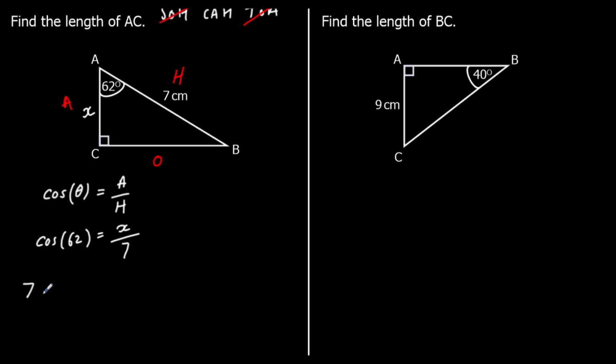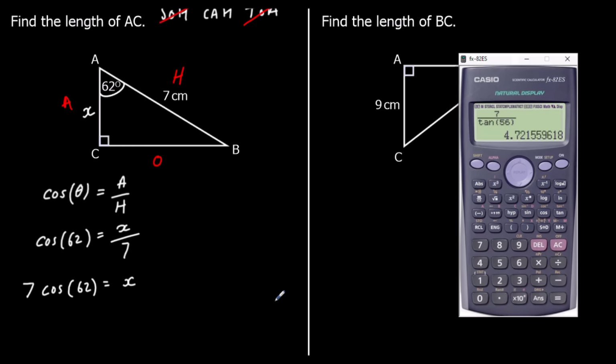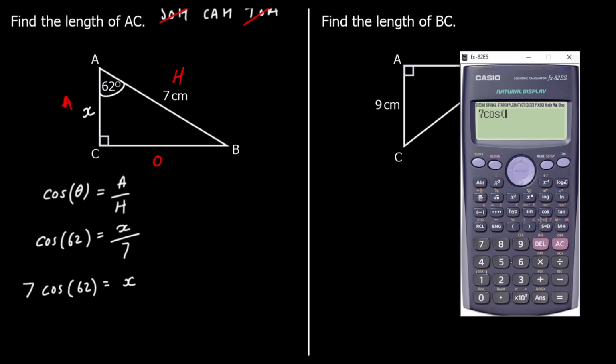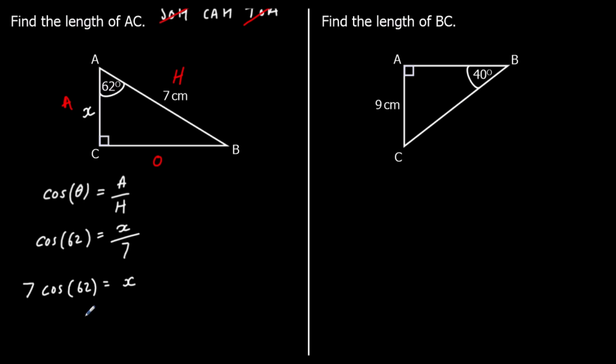So we'll have 7 times cos 62 equals X. So 7 times cos 62 is 3.29. So X is 3.29 centimeters to 2 decimal places.